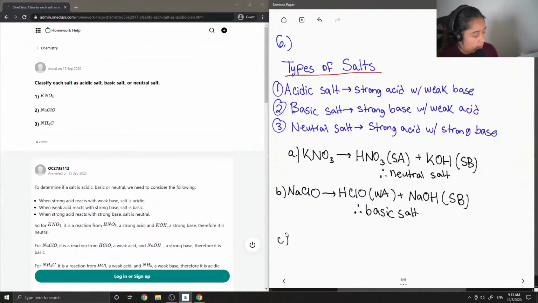And lastly, they have ammonium. I think this is supposed to be ammonium chloride. So this was formed from HCl. So hydrochloric acid is a strong acid.